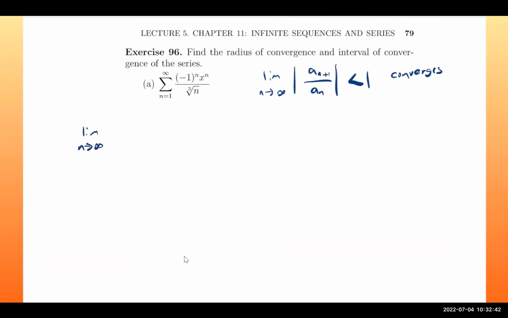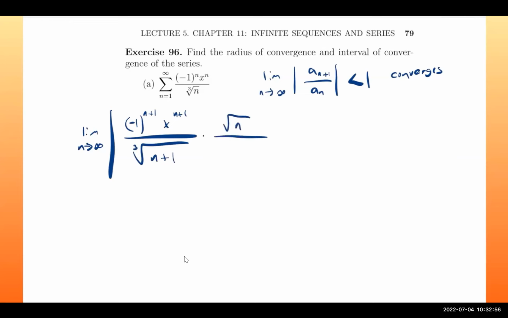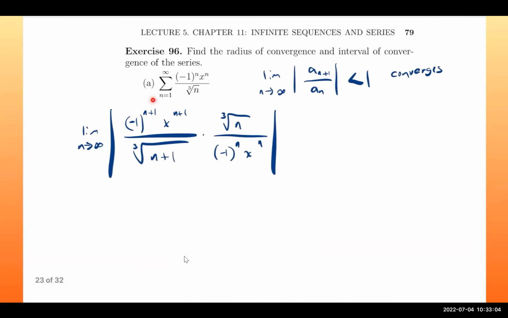If you do that, we're going to get the limit as n approaches infinity of the absolute value of (-1)^(n+1) x^(n+1) over the cube root of n plus 1, divided by a sub n, which means just multiply by the reciprocal. Notice that these are similar.